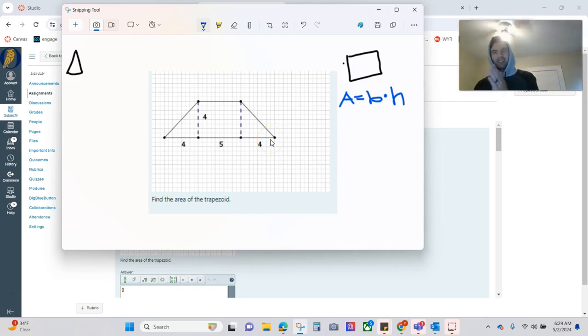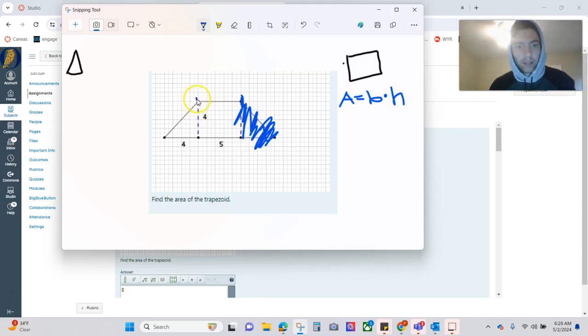Now, if we cut this shape up, and let's pretend only the part we care about exists, let's cover up this triangle for now, and cover up this triangle for now, and decompose this shape into just a rectangle. Now that it's just a rectangle, what's the area of just this rectangle?